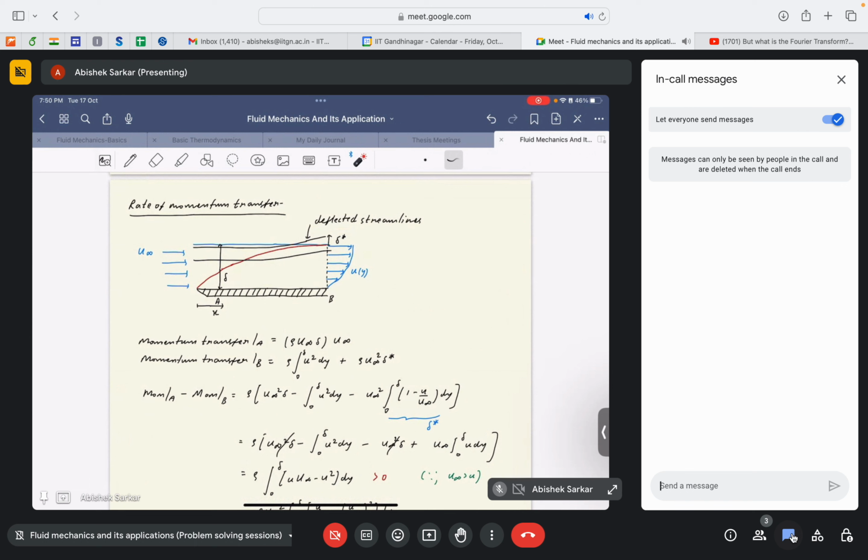So the momentum flux at A would be given by rho u infinity delta into u infinity. Basically you can consider the inlet to be here. It's quite confusing if you consider it there, it's actually here.